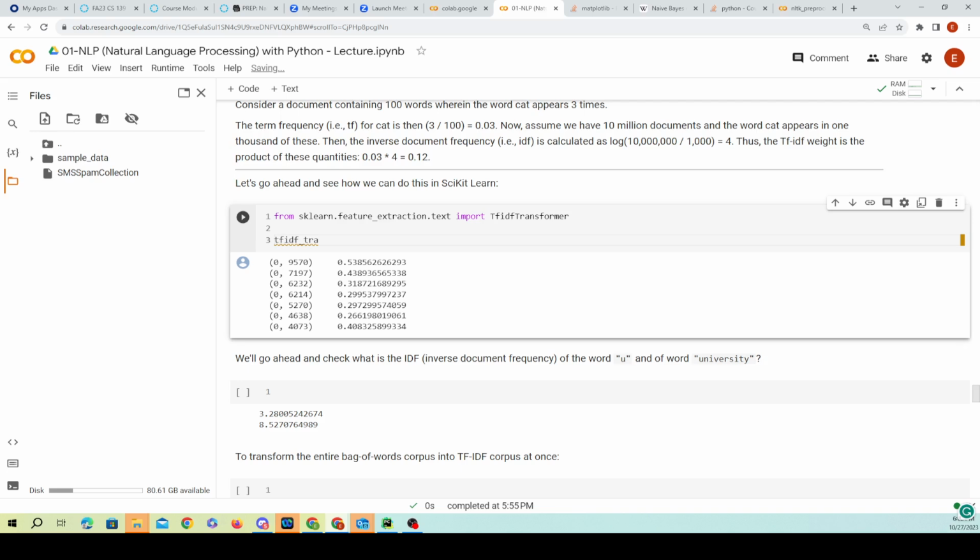Let's just take away this I right here. TF, the term frequency inverse document frequency transformer.